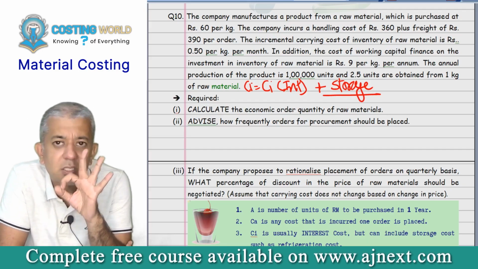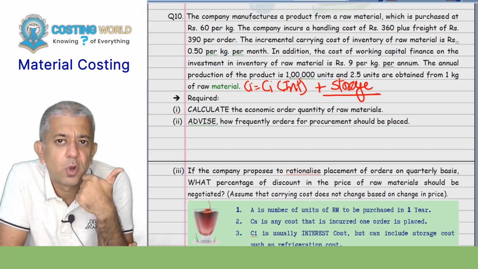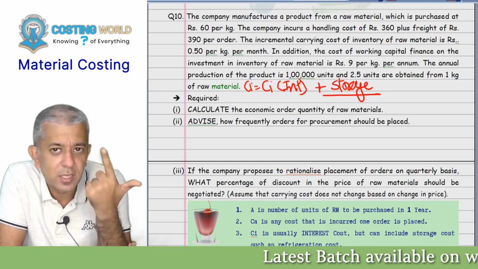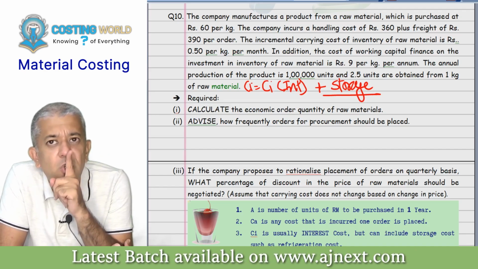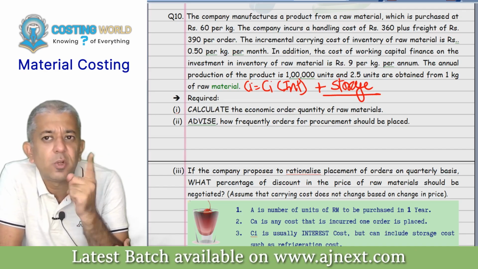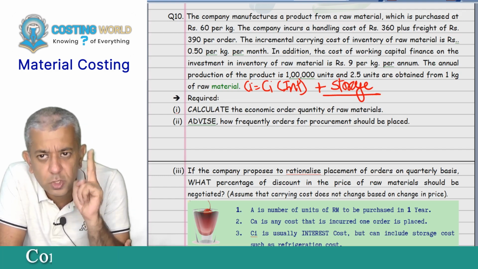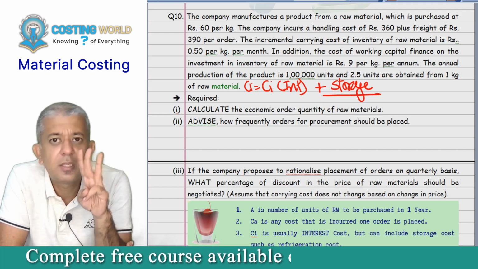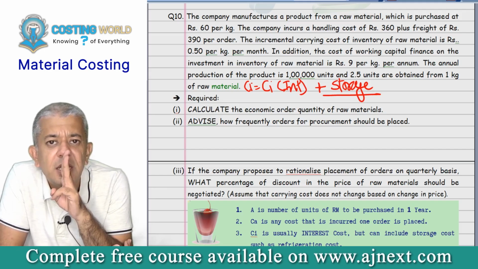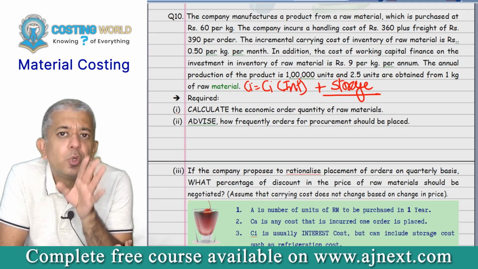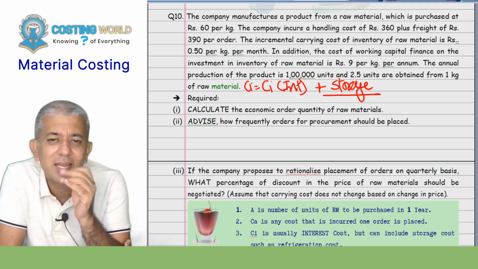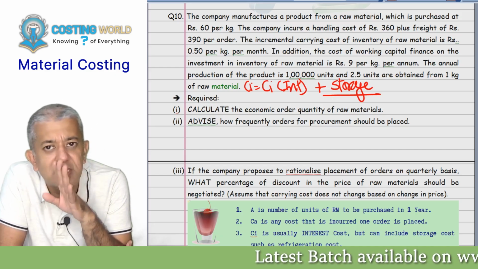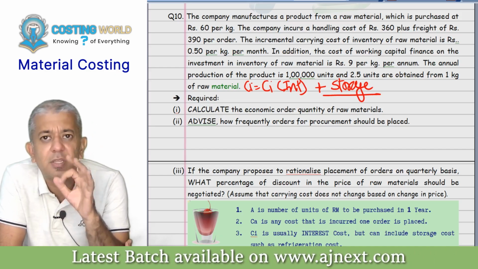So three things: A, the number of units of raw materials to be purchased in 1 year. CA is your transportation cost, but can include loading and unloading cost also. Third is your CI, which usually includes only interest cost, but can include your storage cost, for example refrigeration cost. You understood the three things I have told you?